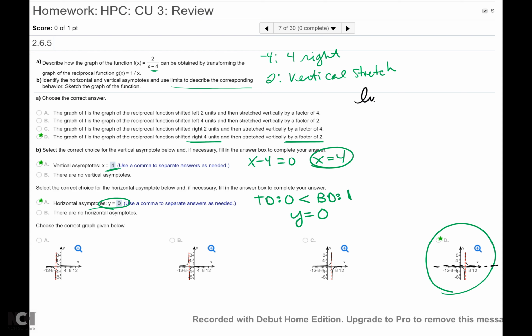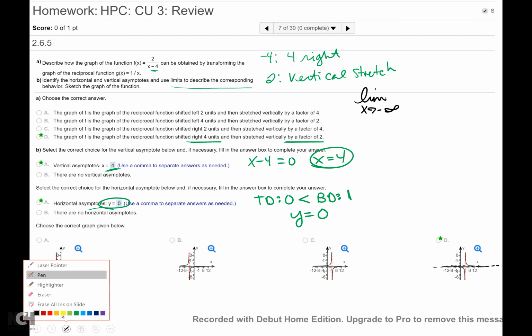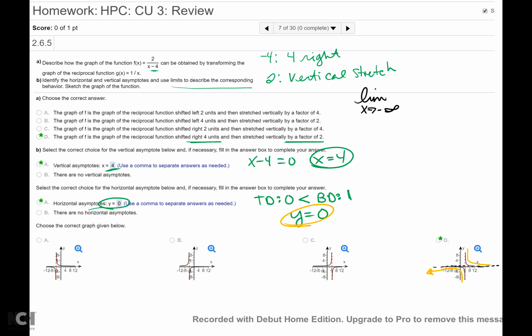So the limit as x approaches negative infinity, if you look at that, there's my horizontal asymptote. Okay, I'm going to try and draw this. This thing is doing this and this. So as I head towards negative infinity, the yellow line is getting closer and closer to the black line, which was y equals 0.